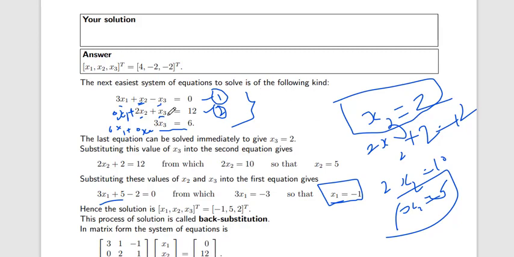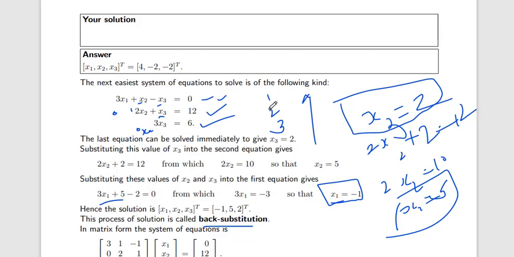Okay, now this process of solution is called back substitution. Why back? Because we solve first with third equation, okay, and then second, and then first. Back substitution: third, second and first. We will not solve first equation first, then second, then third, then it's not called back substitution.